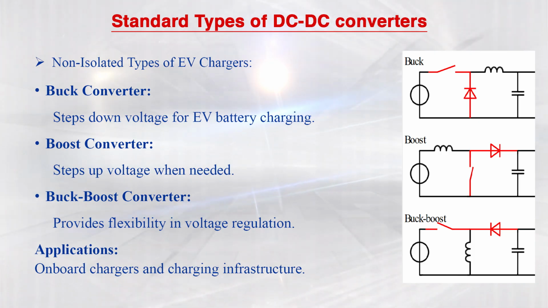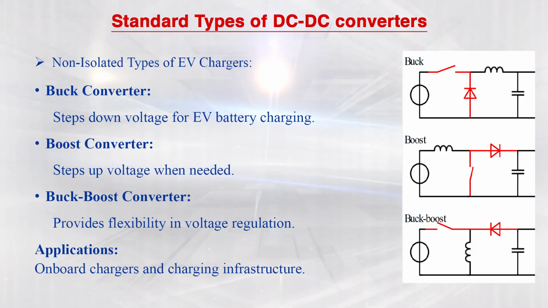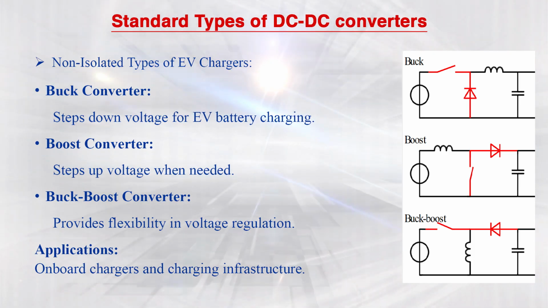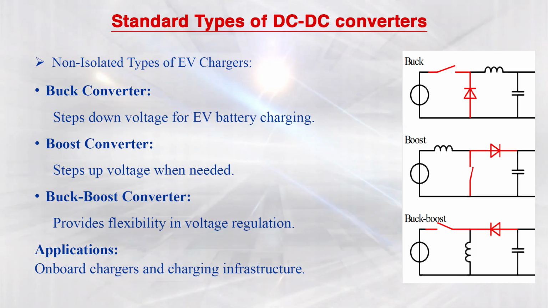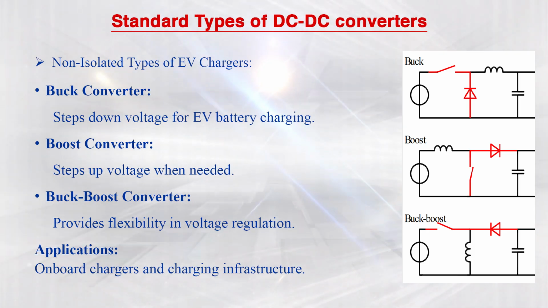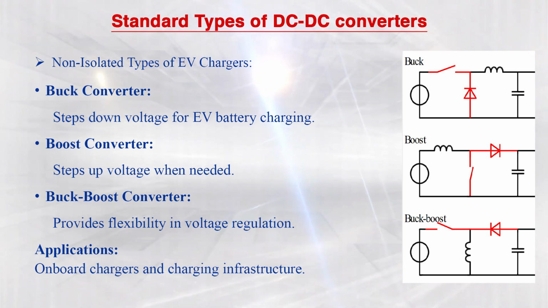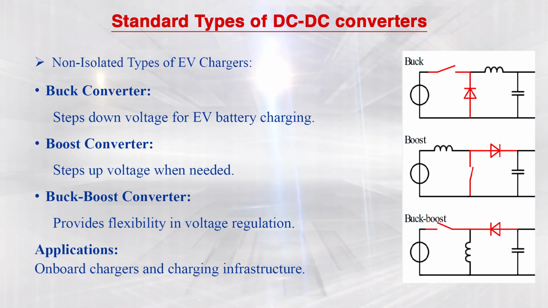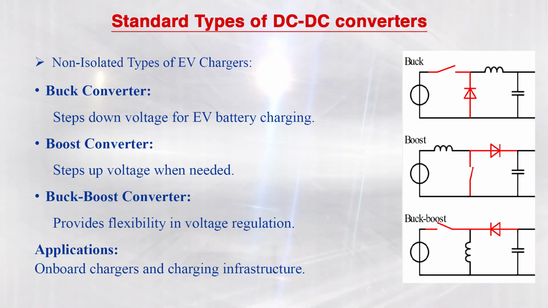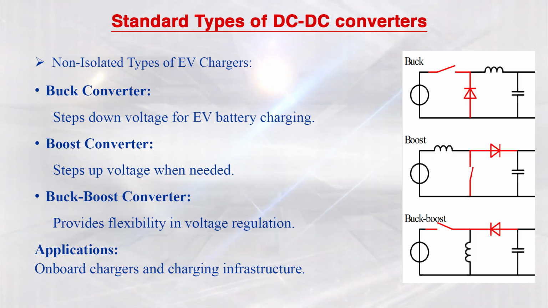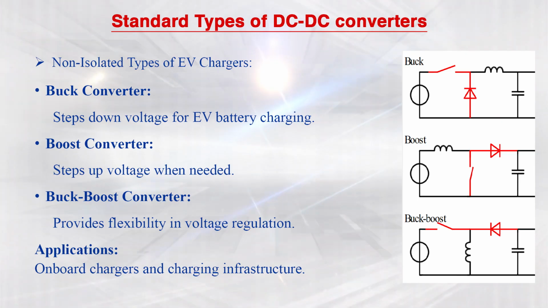You can see on the right side we have the topologies. Using one switch, one diode and one inductor, these three components, we can develop a buck converter. Here the switch is in series with the supply. However, in the boost converter the switch is in parallel with the supply and the inductor is in series.